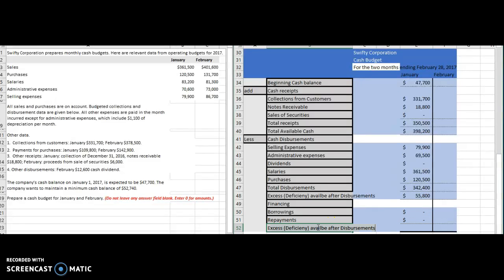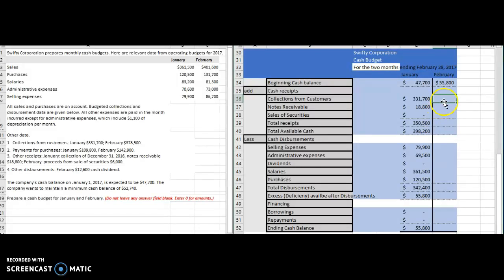And this gives us our ending cash balance of $55,800. That was the end of January, so that is our beginning balance for February. We'll go through and do the same thing we did for January on our February side, and we'll finish this out.